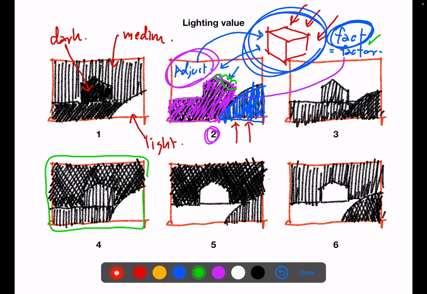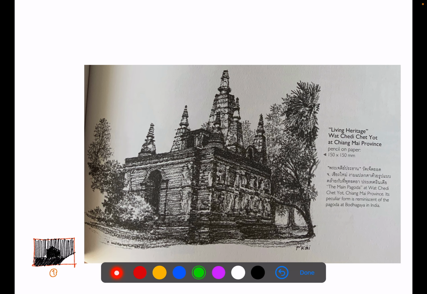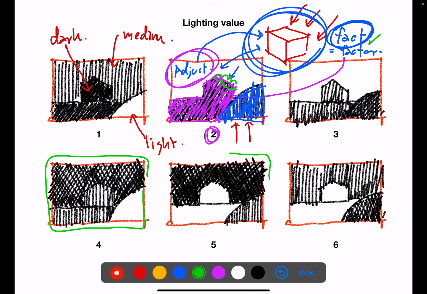So I taught you this because there are many ways to manage the fact, to make it look good or adjust it in our experiment. So I introduced you to lighting value adjustment.